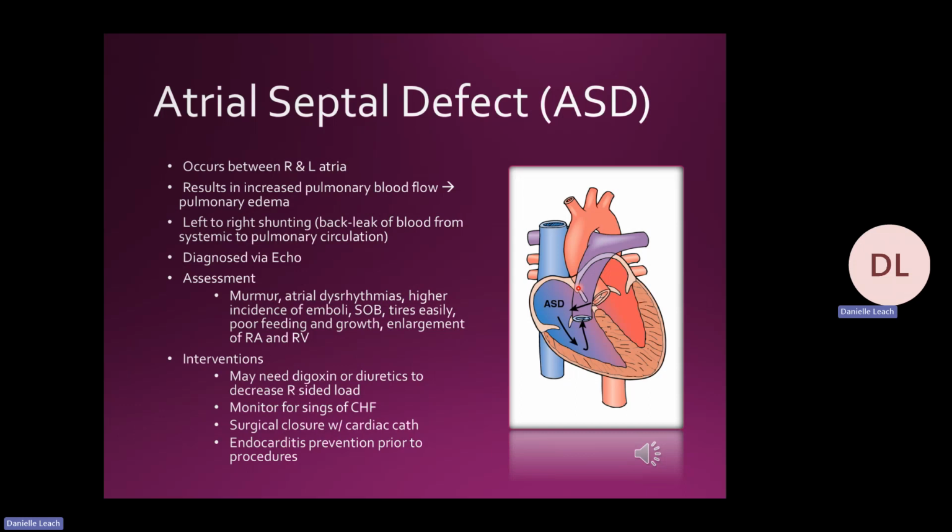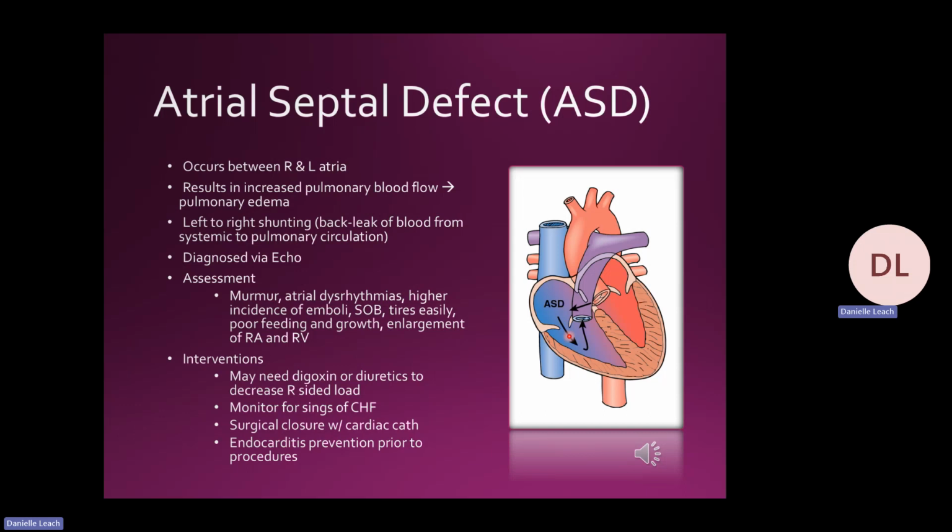Some interventions for this, the baby could be prescribed digoxin or diuretics to help decrease all of that load on the right side of the heart. We also want to continue to monitor for signs of CHF, so signs like crackles and things like that, what we just talked about on the last slide, where there's too much fluid in the pulmonary circulation.